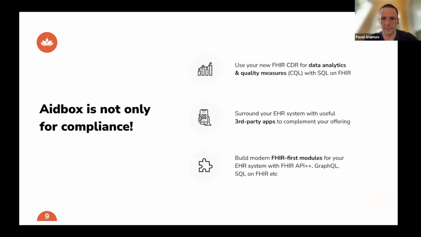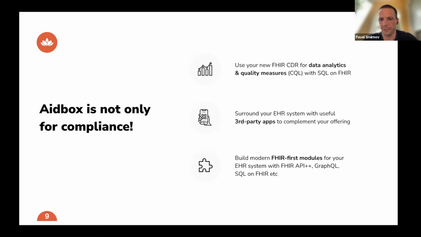And the last but not least about Aidbox. Aidbox is useful not only for compliance. We have a lot of clients that build quite comprehensive solutions for healthcare on top of Aidbox. You can surround your EHR system with useful third-party apps to complement your EHR offering.